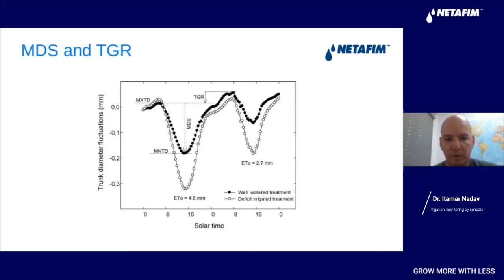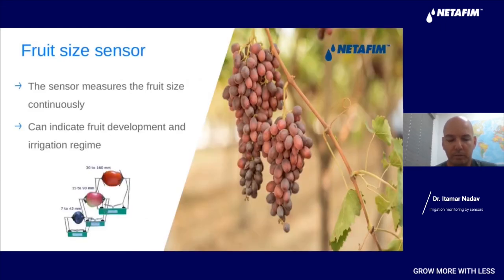And the second one is the growth rate between 2 days. You can see that if the water status of the plant is good, we can get a higher growth rate between different dates. And that means that the plant is developing well.